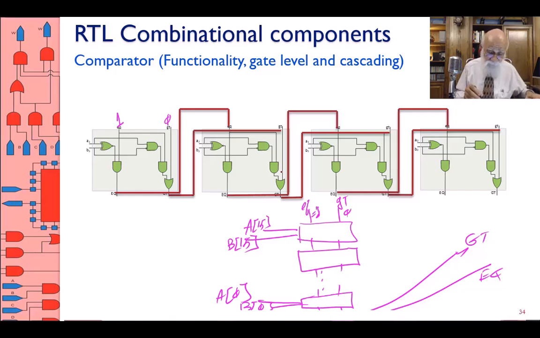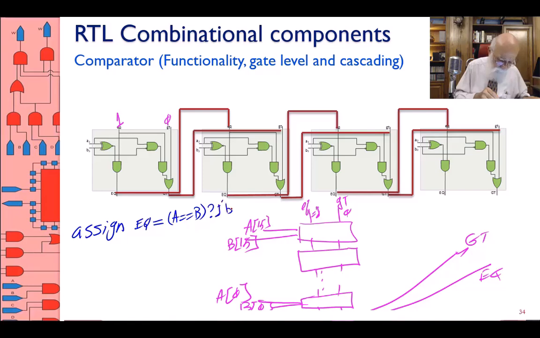Alternatively, instead of doing this, you can just write down an assign statement to compare A and B. So let me do this. You can always write something like this. Assign EQ equal, that's the equal output, EQ equals, if A is equal to B, then 1'b1, otherwise 1'b0.